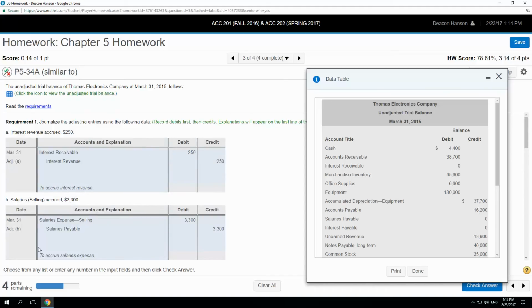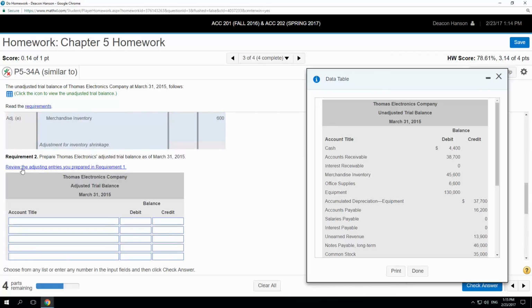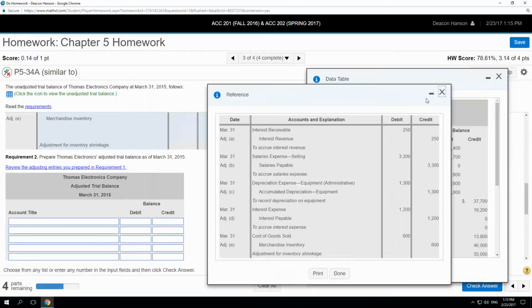Now we have to take what we did here into consideration when we prepare the adjusted trial balance, right? So I think they give you a little blue link here that will let you see the journal entries that you did above.